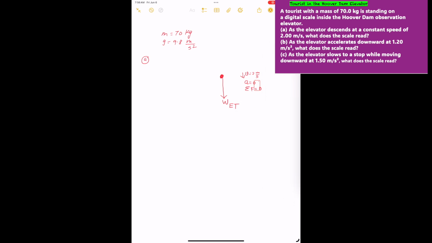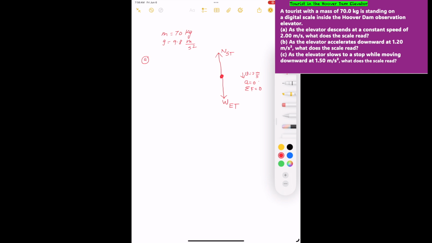Now, if net force is zero, then the normal force from the scale to the tourist, or you can say the normal force from the floor to the tourist, is upward.